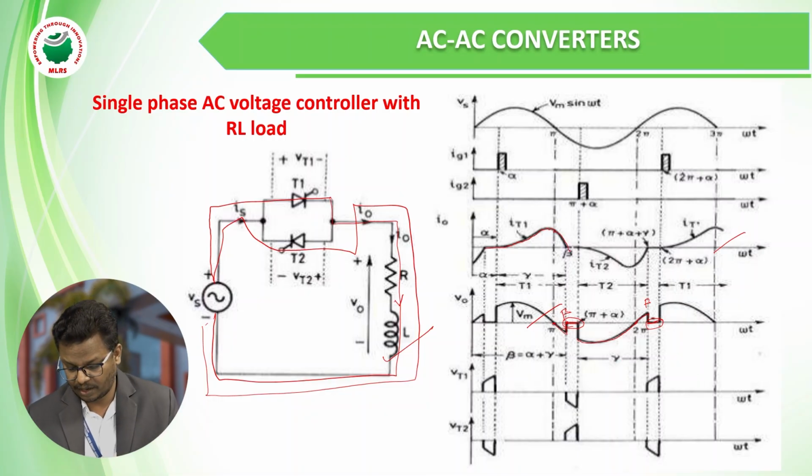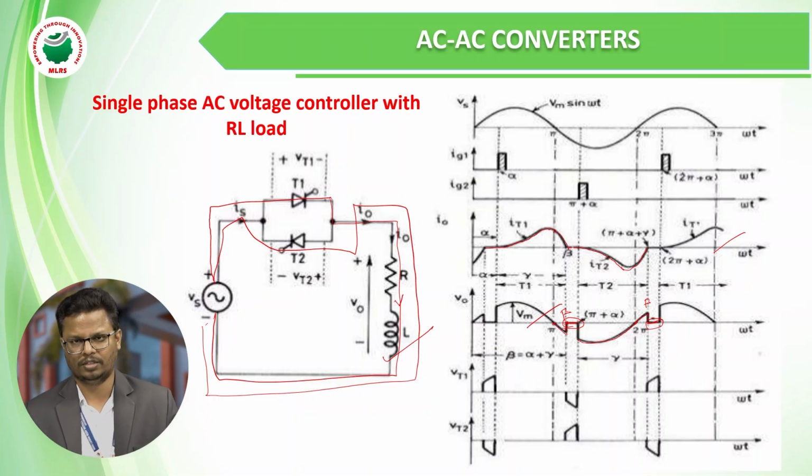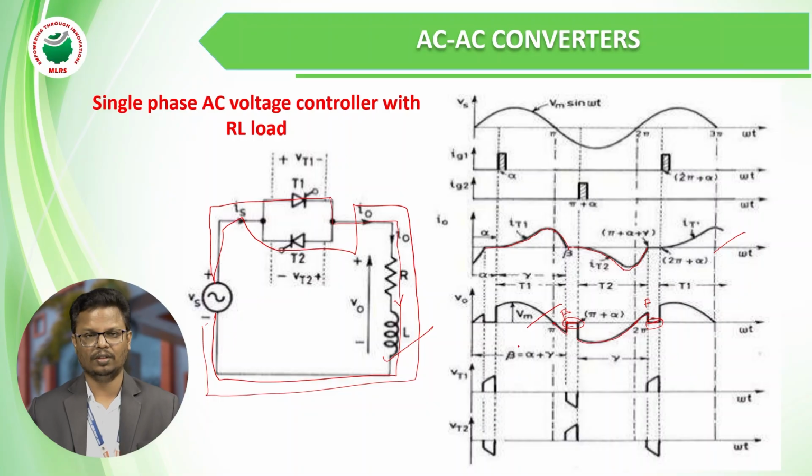Again, when we give a trigger pulse, it slowly increases and then slowly decreases to 0. This way we get the output current. Due to the inductor property, the output voltage and output current are not similar. The output current responds slowly, so the waveforms are not similar.